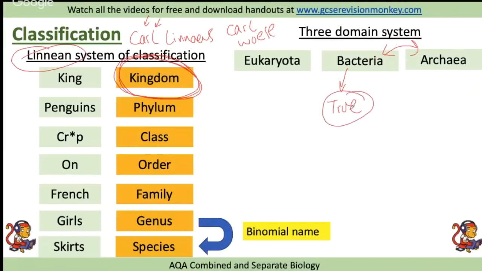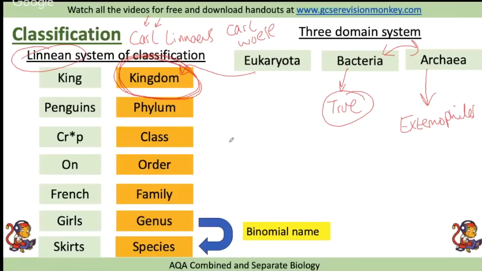But this one you call the true bacteria, and this one is very primitive bacteria. These are where your extremophiles are. Extremophiles are bacteria that live in extreme environments like high pressure, high temperature, high salinity. So he added these domains. And then under eukaryota, you still have the kingdom, phylum, class, etc. But this is now on top.